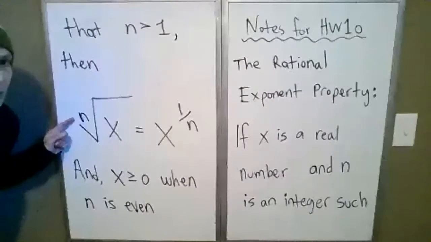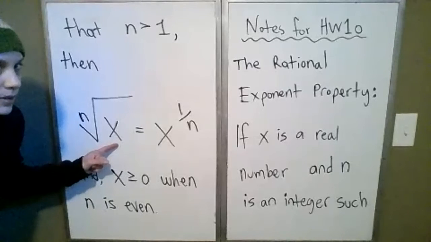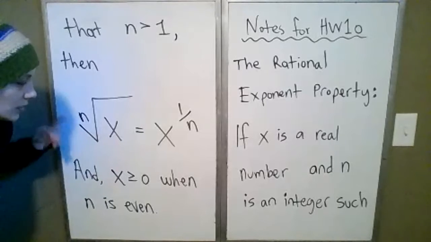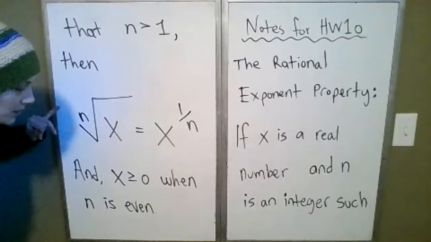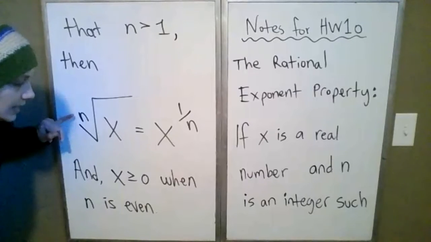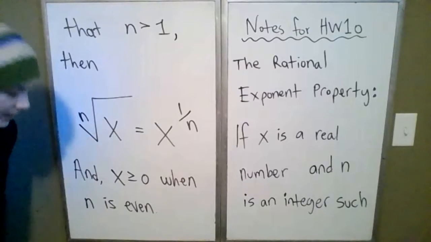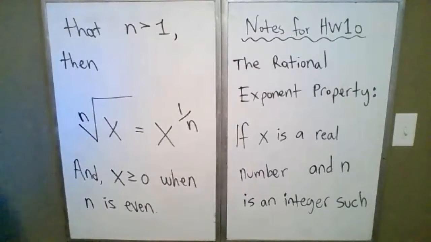So if you have an even root, this needs to be a number greater than or equal to 0. You cannot take an even root of a negative number. Let's practice.